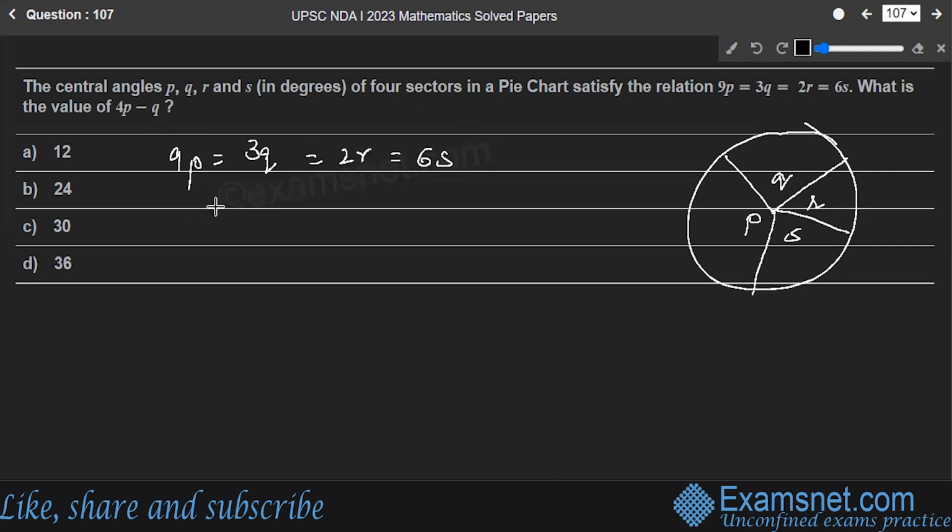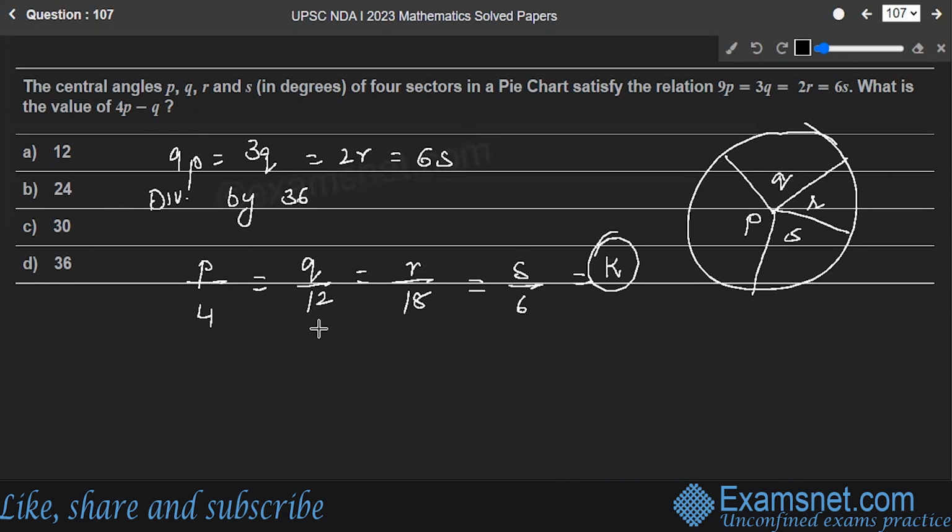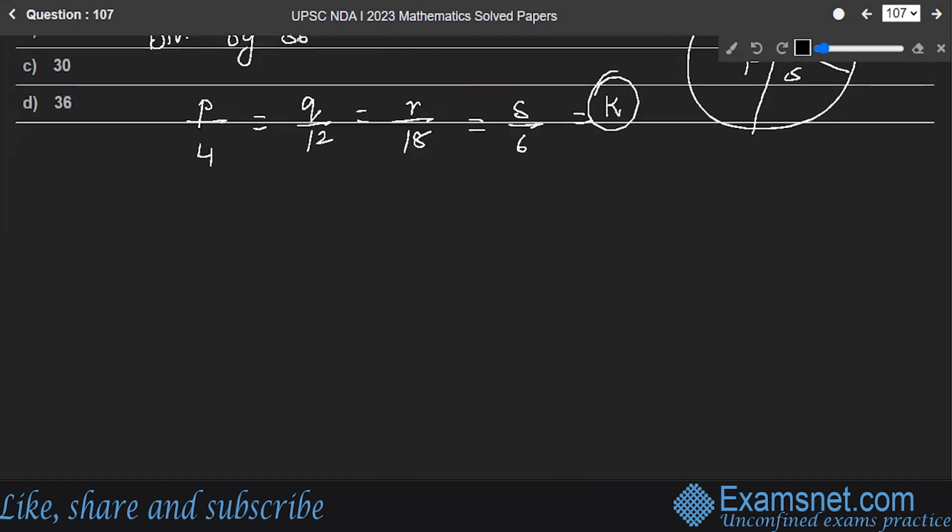Now, let's divide all of them by 36. This will be P upon 4, Q upon 12, R upon 18, or S upon 6. Let's say this is equal to some K, which will give you P is equal to 4K, Q is 12K, R is 18K, and S is equal to 6K.